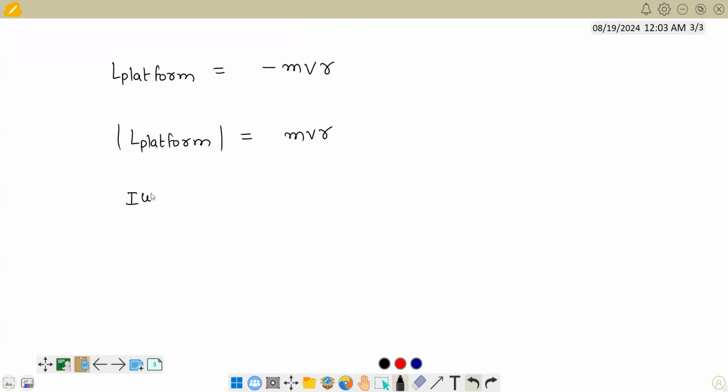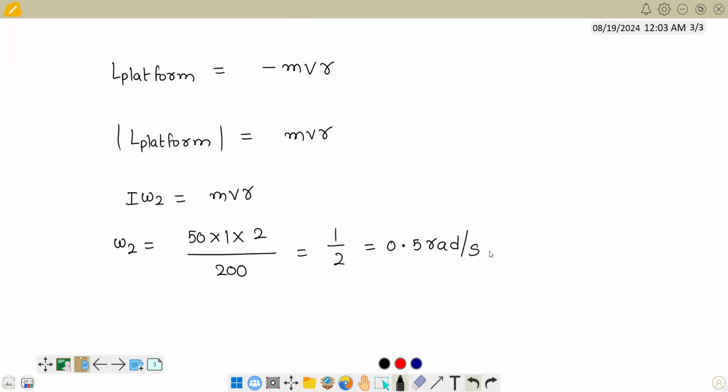So I omega 2 equals m v r. So omega 2 equals the mass of the body, 50 kg, times the speed, 1, times the radius, 2, divided by the moment of inertia, 200. So it would be 1 by 2, which is 0.5 radian per second.